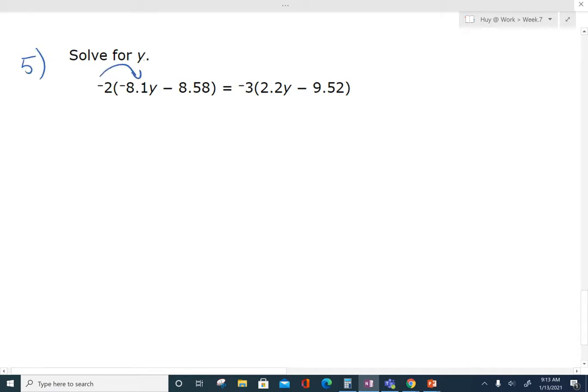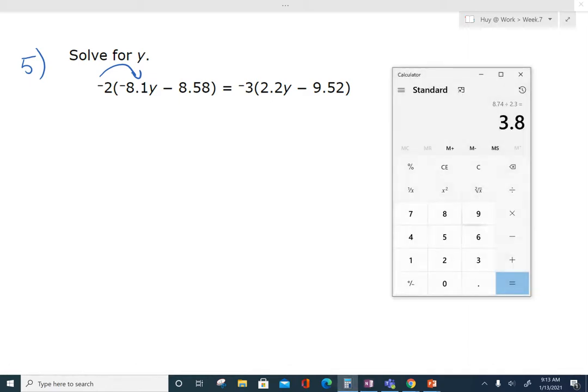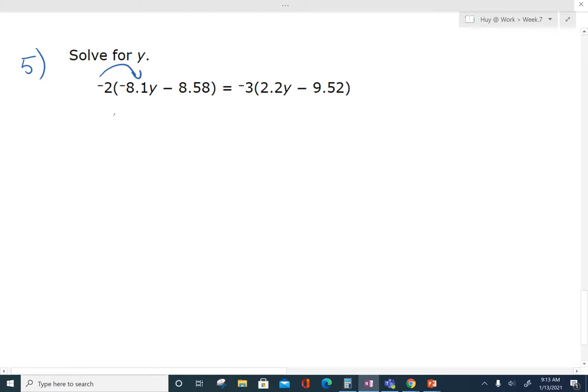So we're gonna multiply here, making sure that you got a -2 times -8.1. So we have -2 times -8.1, 16.2, and it's positive. 16.2y. And then you have a -2 times, and remember the sign in front goes with it.